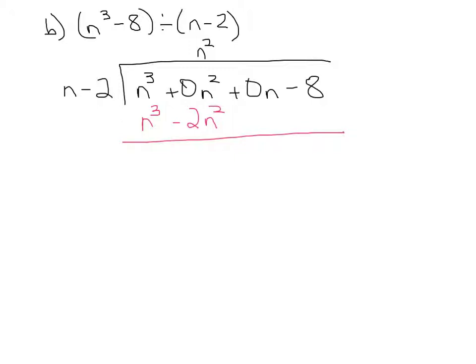And then we change our signs so that we can add, and we get the n cubes go away and we get 2n squared. Then we bring down our next term.